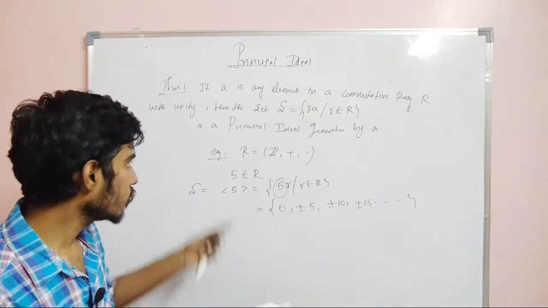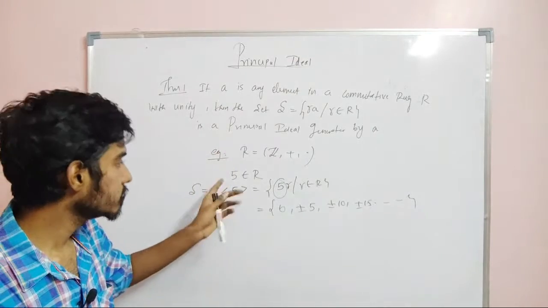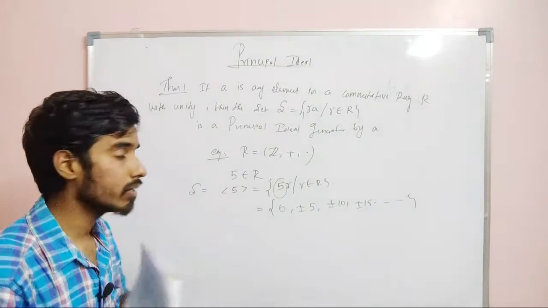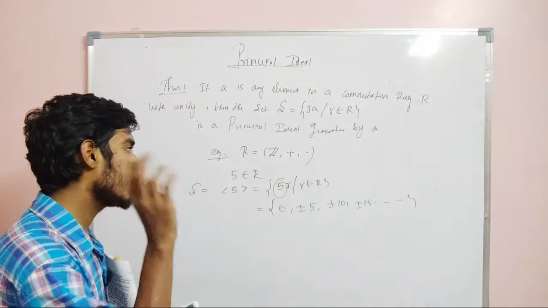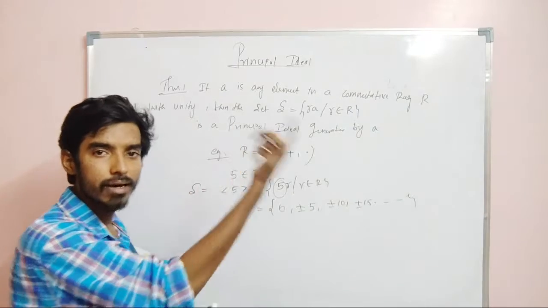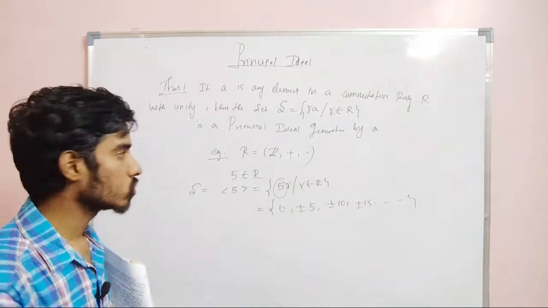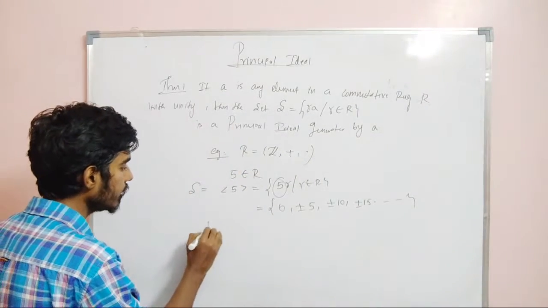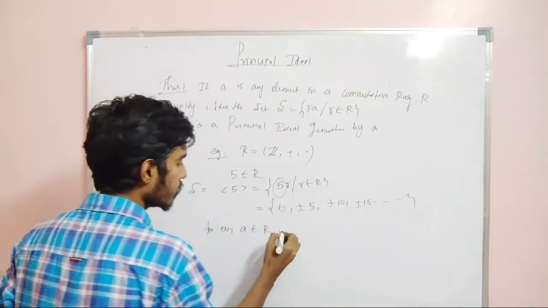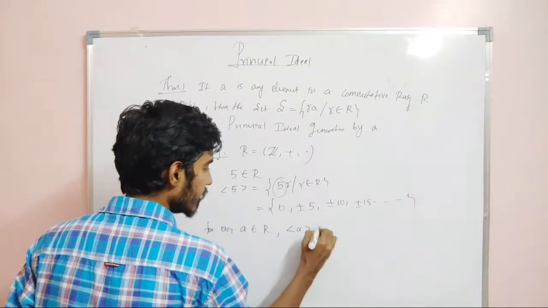So whatever element you take, the ideal generated by it will be a principal ideal. So for every a in R, the set generated by a is a principal ideal.